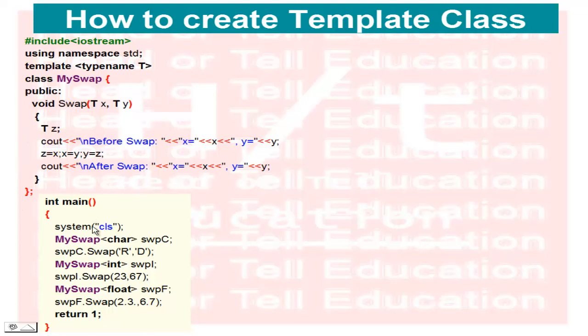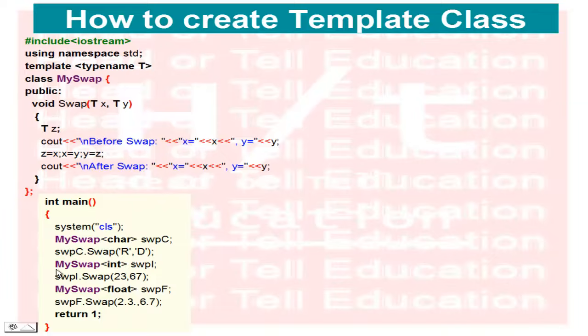Now how to use this template class. First I have created the variable myswap, but this time the data type passed is character, and the object variable name is swapc. Now I have called swapc.swap and passed two character variables.